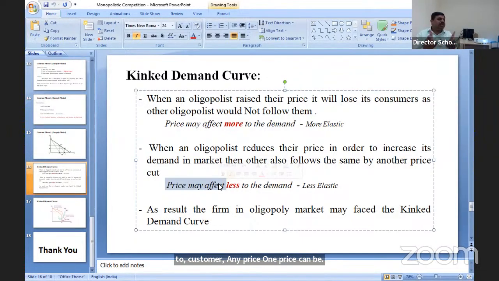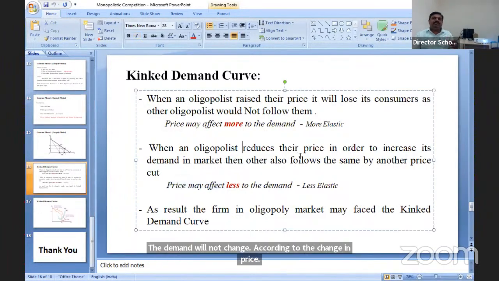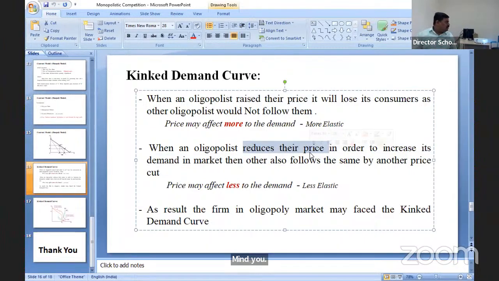The demand will not change according to the change in price. म्हणजे काय? इथे समजा त्यांनी प्राइस 50% च्या ऐवजी 80% कमी केली, तर व्हायला काय पाहिजे होतं? बी चे कस्टमर्स वाढायला पाहिजे होते. पण बी काय करते? यांनी 80% कमी केली तर बी सुद्धा 80% कमी करते प्रत्युत्तर म्हणून. करावंच लागणार आहे. आणि म्हणून दोघांची जी डिमांड आहे ती फारशी चेंज होत नाही. Even they change the price by 80%.